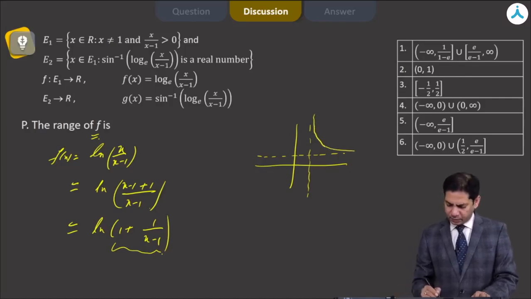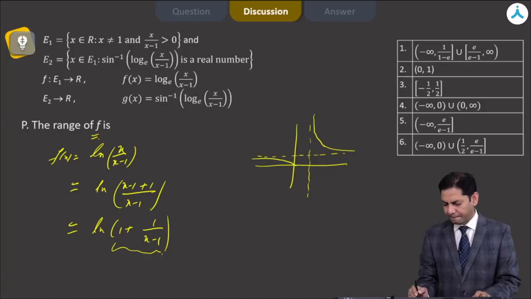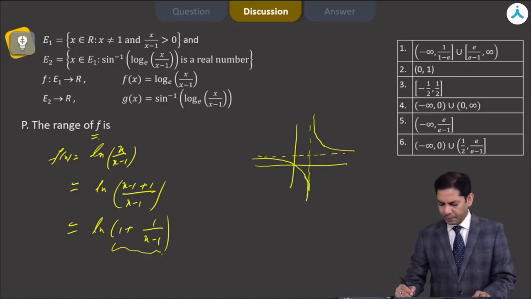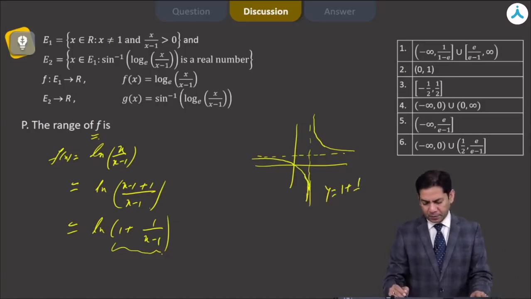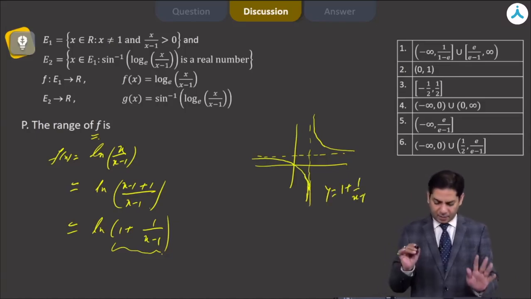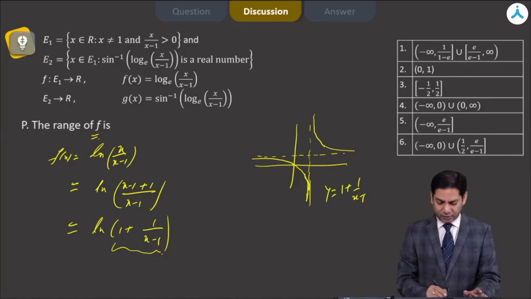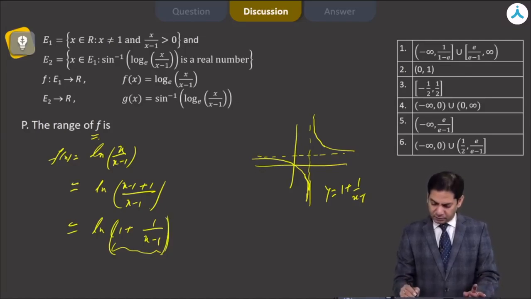And at x is equal to 0, this is equal to 0. So it will be going through this. This is y is equal to 1 plus 1 upon x minus 1. Now clearly the log function is defined only when this quantity inside the bracket is positive. So we have already decided that minus infinity to 0 and 1 to infinity is the domain.